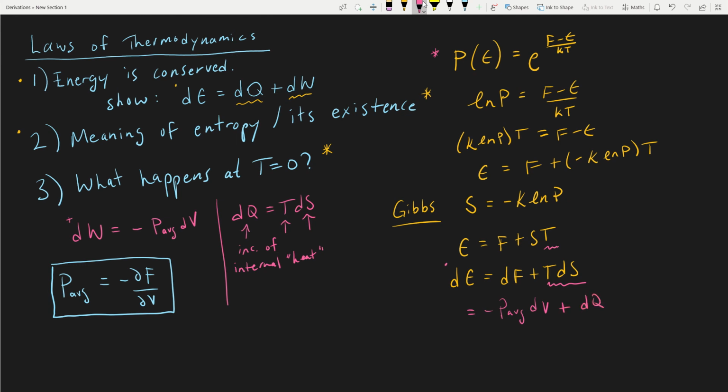And of course, we know that negative P average dV is dW. So this is how you can explain, I don't want to say derive, the first law of thermodynamics from this theoretical viewpoint. But obviously, it's very important that we figure out what this quantity S and this quantity P are, so that we understand where these definitions come about.